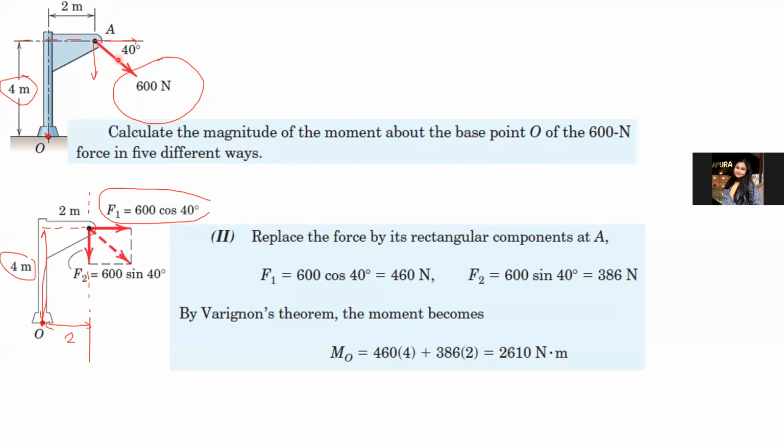For example, we have the 600 Newton force, so it is easier to divide it into the horizontal component and the vertical component. Don't use other components, because if we use non-perpendicular ones, it will be harder to find the perpendicular distance.